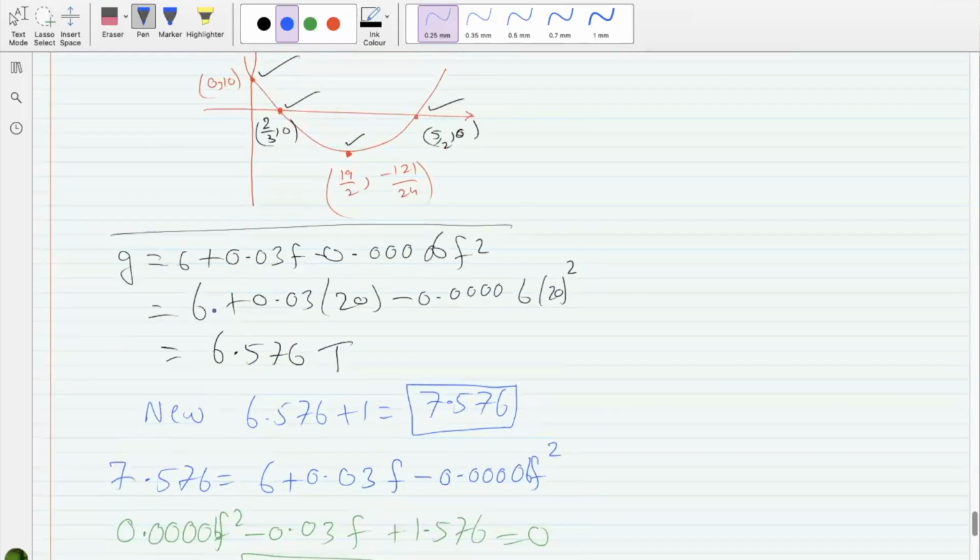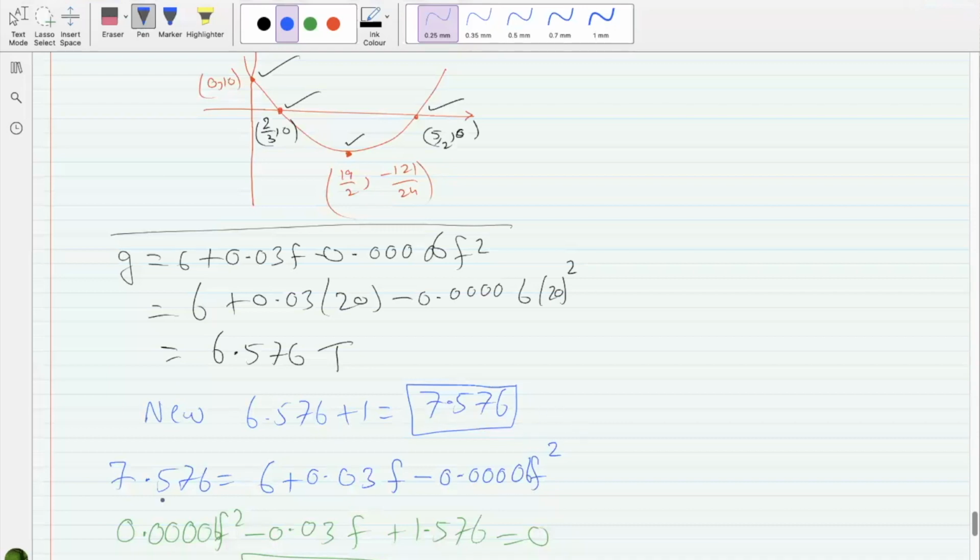Initially, this was the data: when he uses 20 kgs, he is getting 6.57 tons. He needs to get one more, so we add 1 and the new value is 7.57. And what is the amount of fertilizer we need to get this much output?